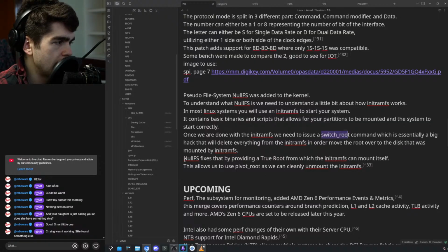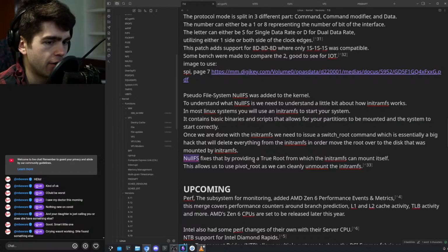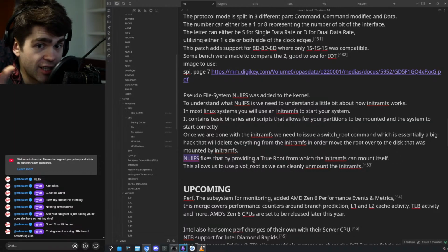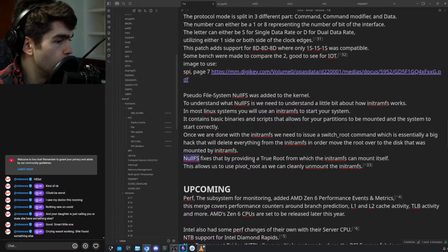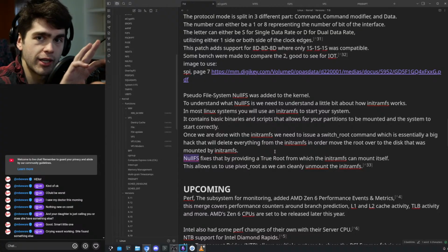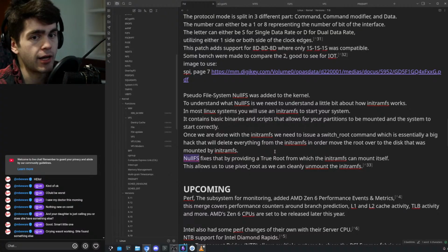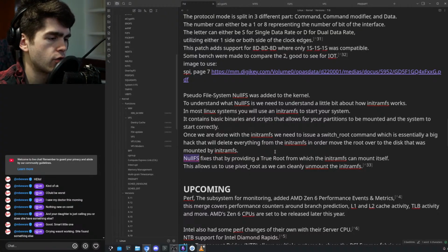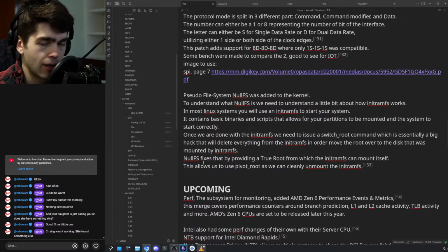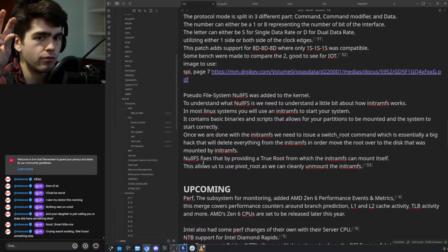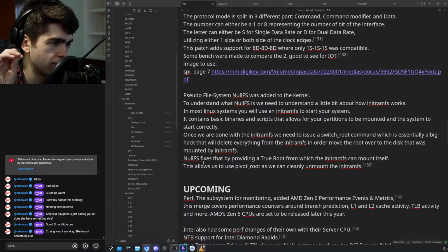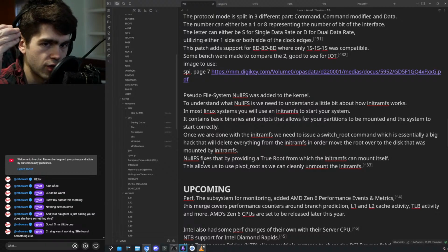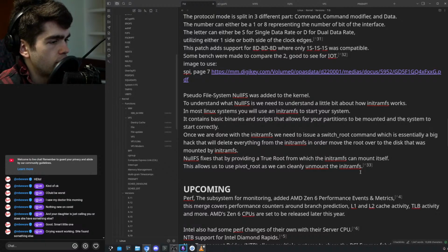So essentially they added nullfs. Nullfs is going to be the ultimate slash, the true root. So initramfs will mount itself there, and whenever you mount other things to your system, it can be mounted to that nullfs. So then you can unmount initramfs through standard means. So that's a cool thing.